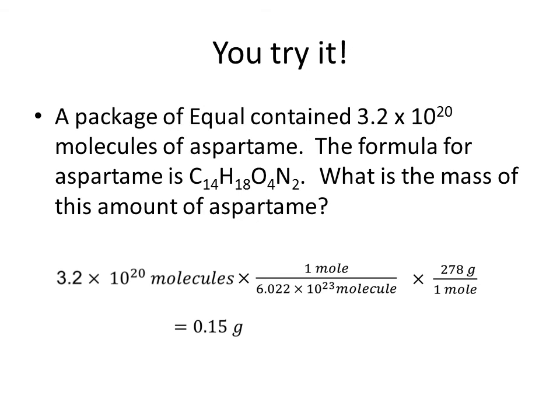Now, your calculator has a priority of doing multiplication before it does any addition. So in your calculator, you can enter, without any parentheses, 14 times 12.01 plus 18 times 1.008 plus 4 times 16 plus 2 times 14.01, and you will come up with 278.